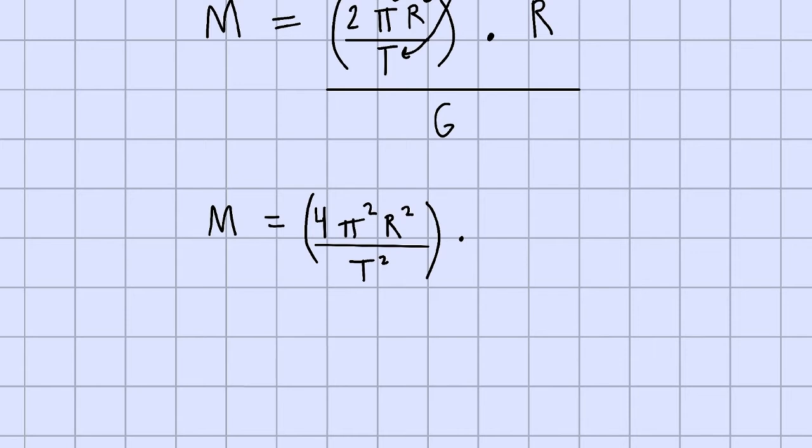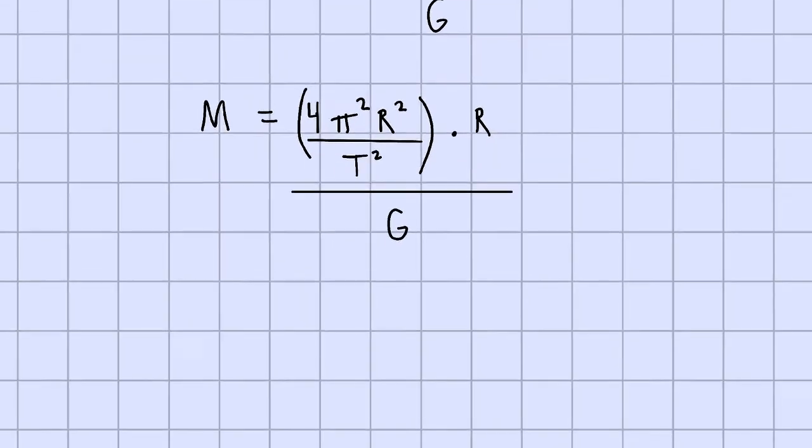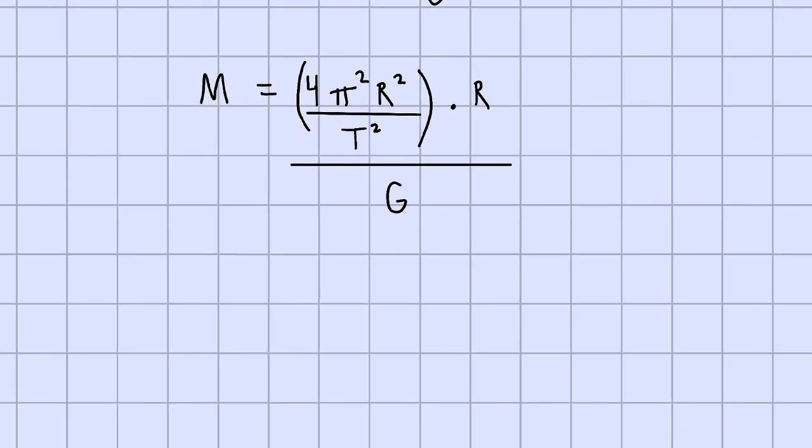I'm going to multiply that by r. And then this whole thing is over g still. All right, we can simplify this a little bit further. I can see that there is r here and there's r squared there, so I'm going to combine those two things.